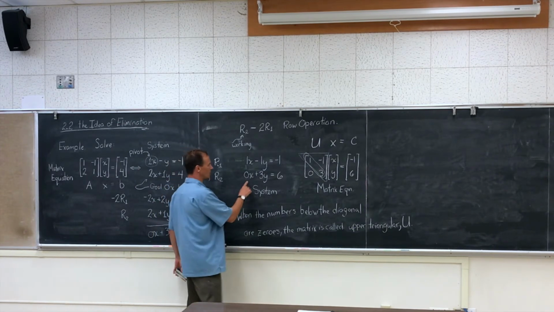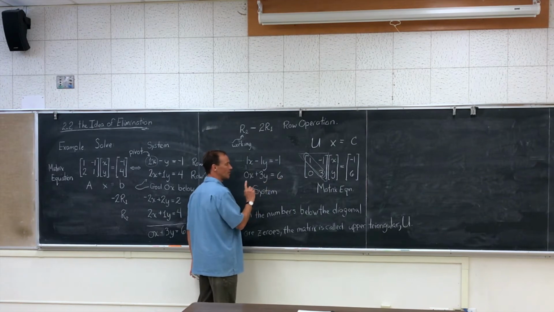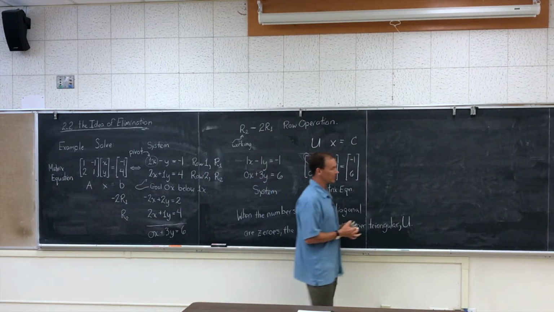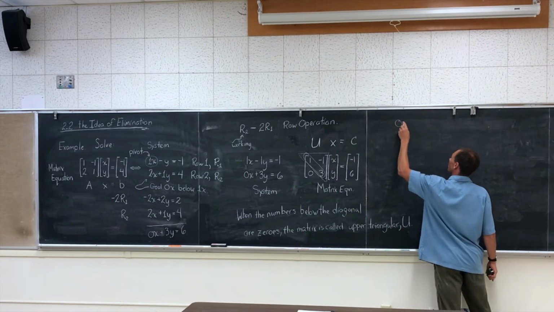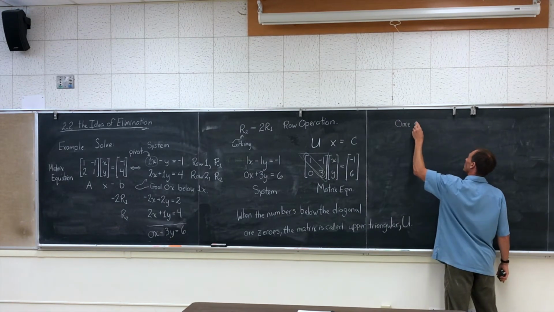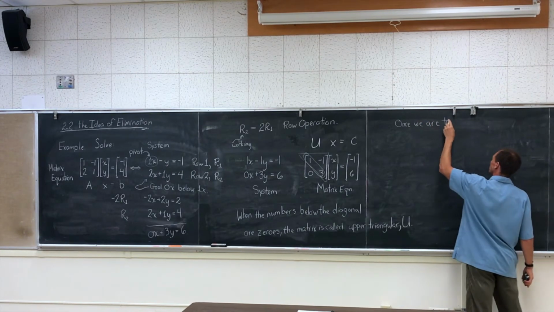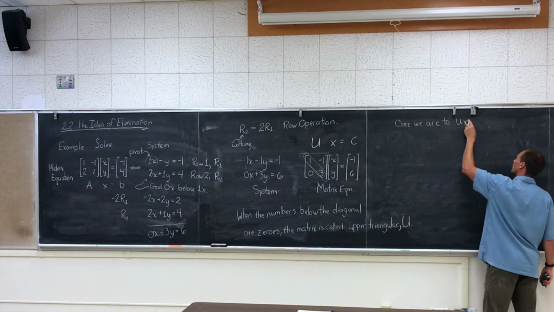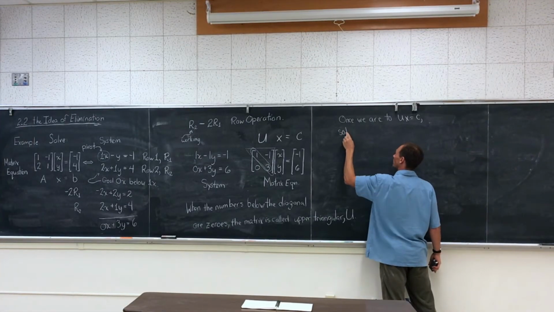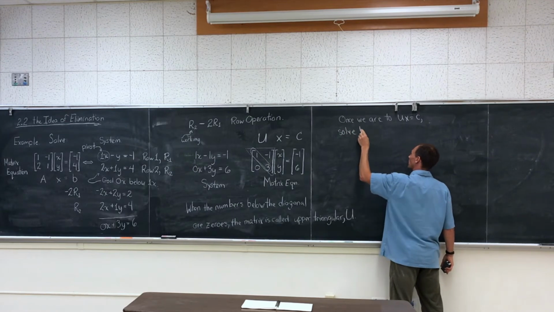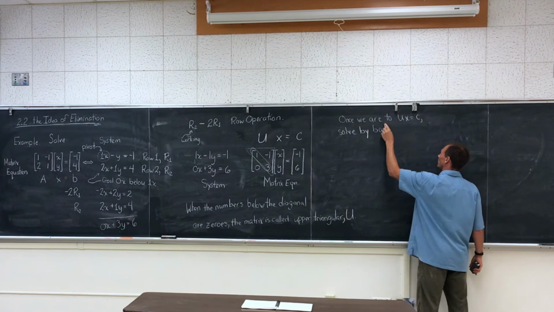Because all we're solving is 3y equals 6. Find that value. So let's write that down. Once we are to Ux equals c, solve by back substitution.